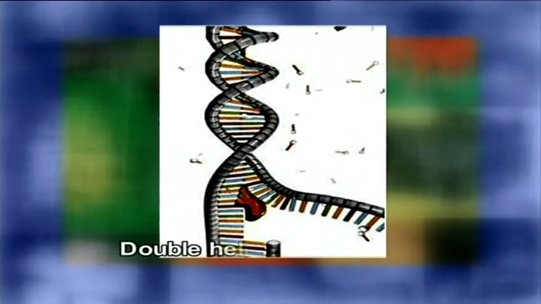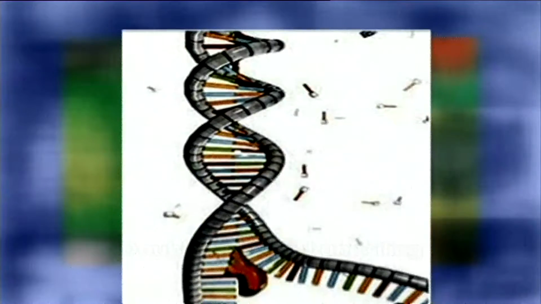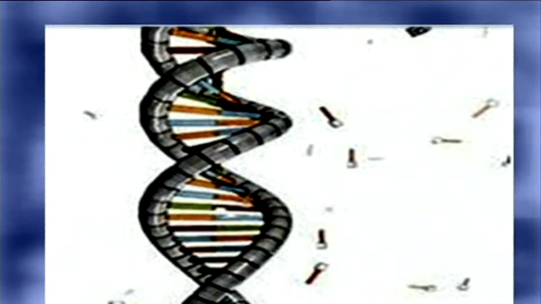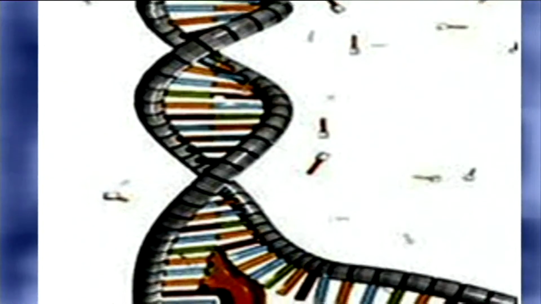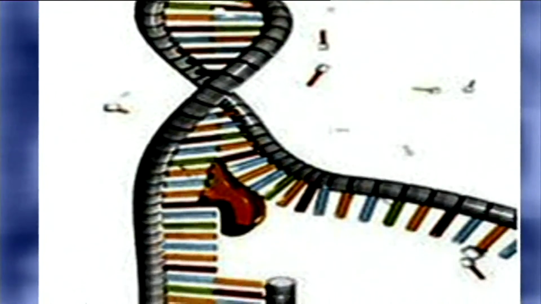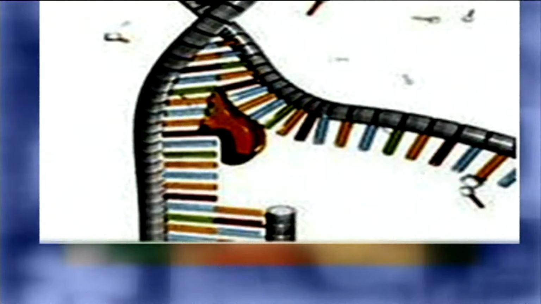On the basis of studies of chemical analysis and X-ray crystallography, the most important features of the DNA molecule are as follows. 1. DNA consists of a double helix in which two polynucleotide chains are coiled about the same axis in such a way that they can be separated from one another only by uncoiling and not by lateral separation.